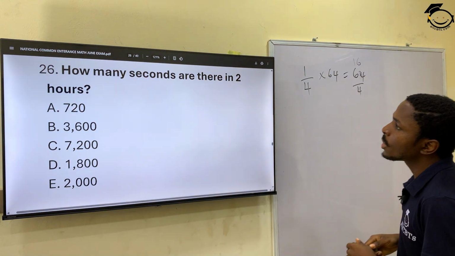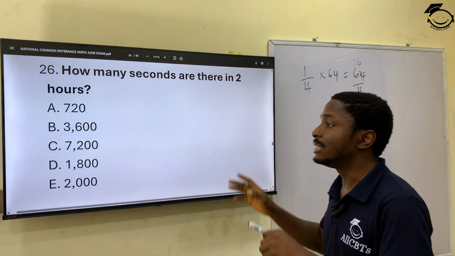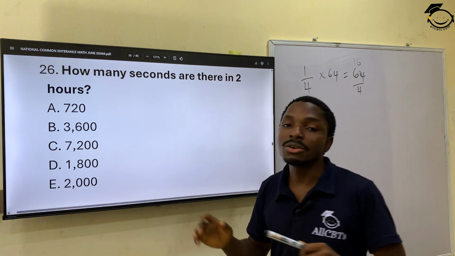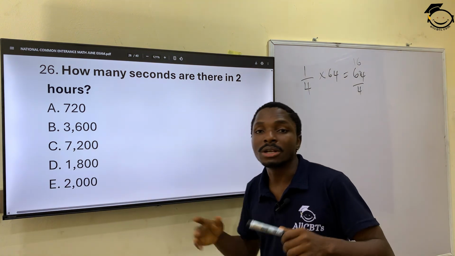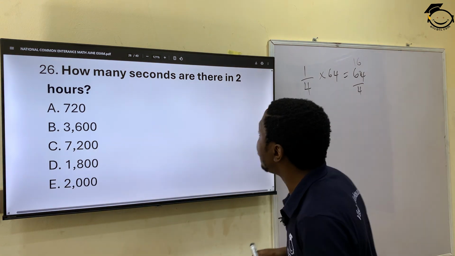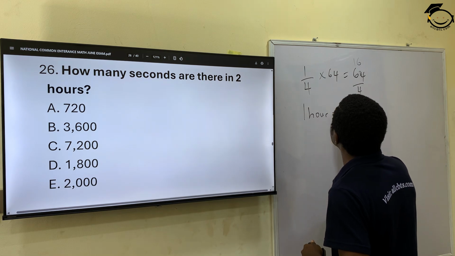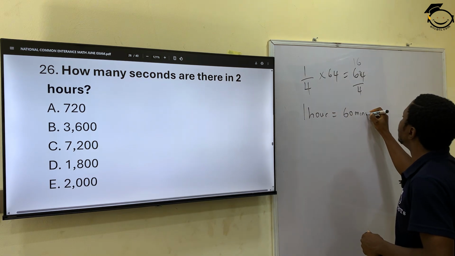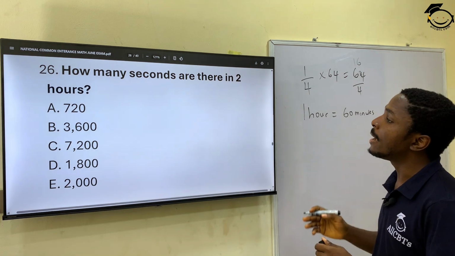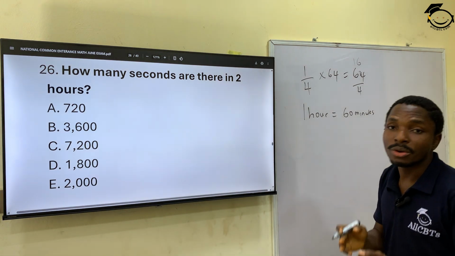26. How many seconds are there in 2 hours? Now, definitely, you know the song, 60 seconds make 1 minute, 60 minutes make 1 hour. So 1 hour equals to what? 60 minutes. And then you say 60 seconds make 1 minute, right?